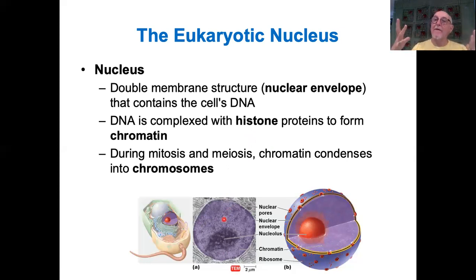It is expanded. You can think of it as being pulled out, strung out throughout the nucleus here. And when we look at this under the microscope, we see this rough, grainy texture here. It's referred to as chromatin. So that is chromatin.